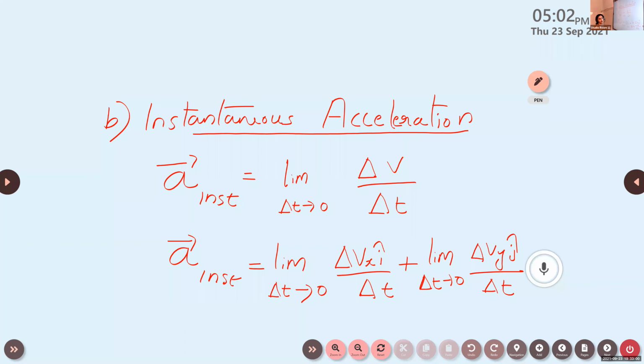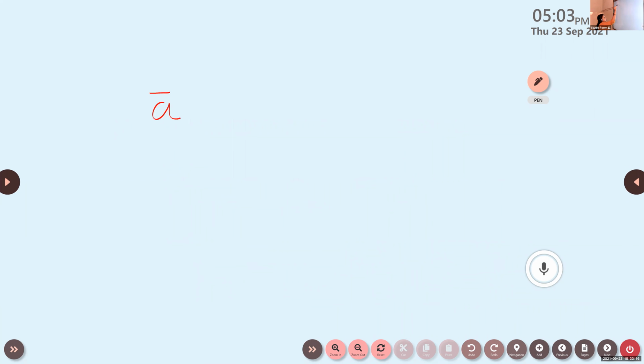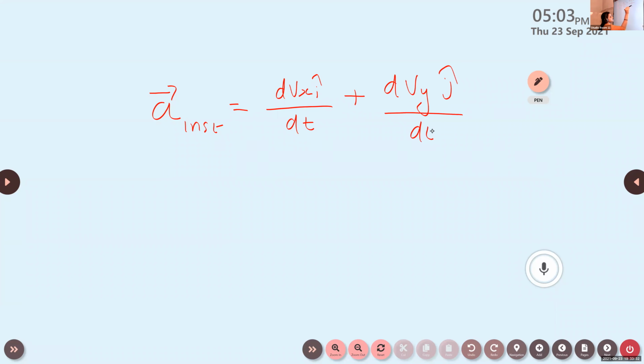We just split it, apply the limit and split the numerator and denominator with respect to the velocity component along the x-axis and that of the y-axis. Or we can write instantaneous acceleration vector A instantaneous is equal to dVx i cap by dt plus dVy j cap by dt.